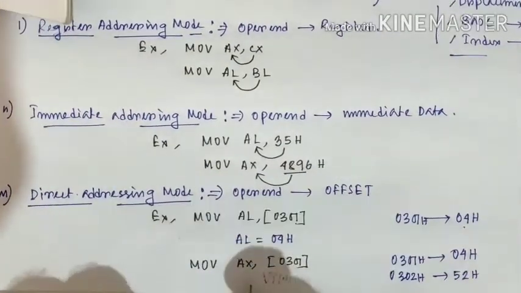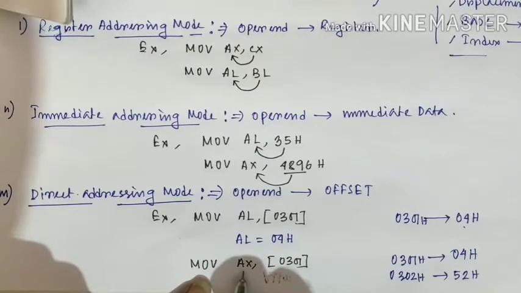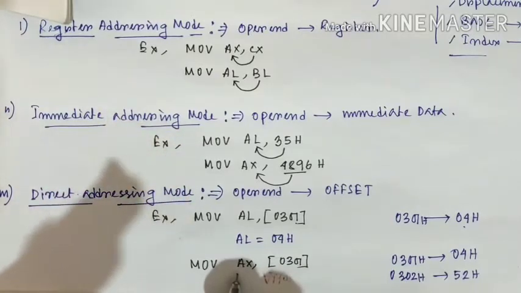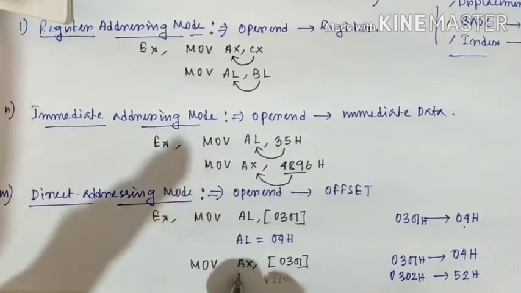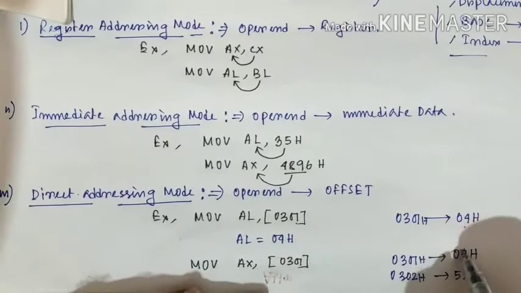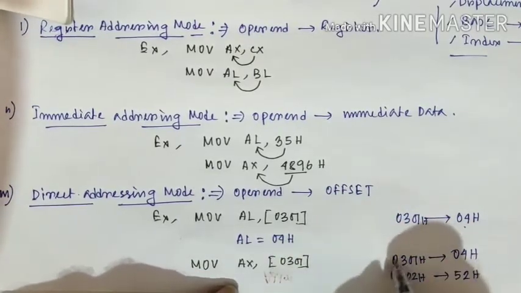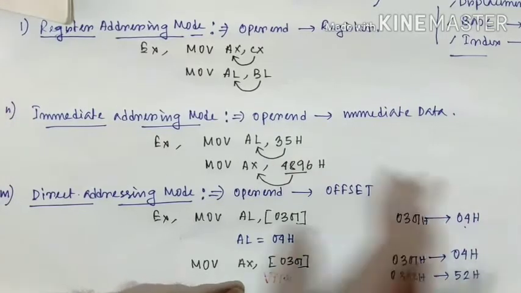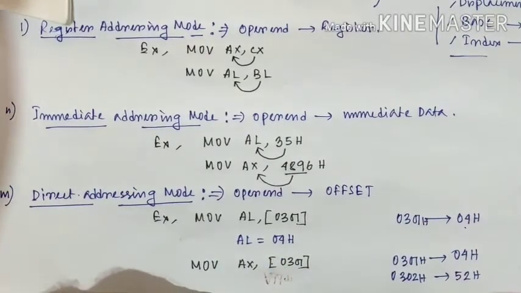Because we know the size of AX is 16, so if I want to load AX register, then I need 16 bits of data. So how to get that 16 bits of data? That is the data from this location and data from the next location. So both will be copied into AX.